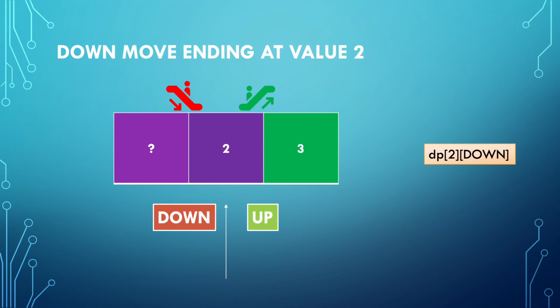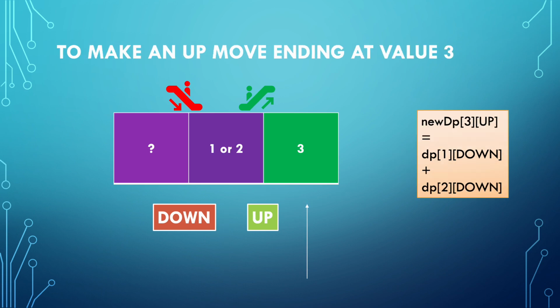So this is how we'll get the value for this cell. Now we had 2 cases, remember? This could either have been 1 or 2. So let's say it was 2 here. And if we go upwards here, we know that alternate move will be downward here. So how many total arrays end at 2 when the last move was downwards? We'll get it via this. Okay.